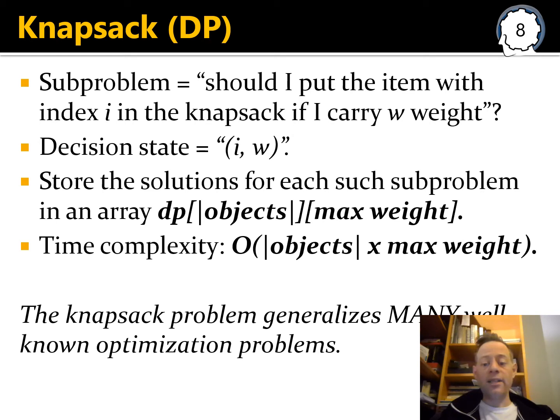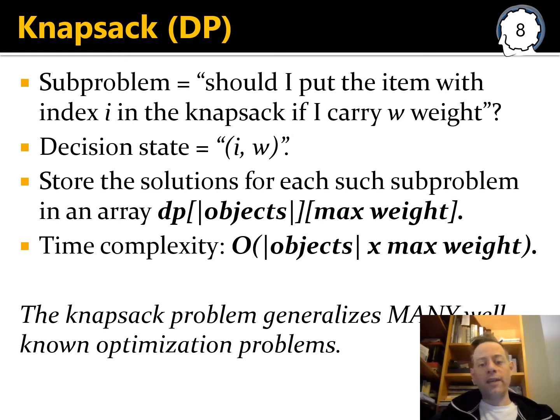the state I, W, it means that, for example, if you include the object in your knapsack, then you need to increase the weight with the weight of this particular object. But of course, you also increase the value with the value of that object. So then you get a new state, and you can look up the value of that, and you sum these two up.